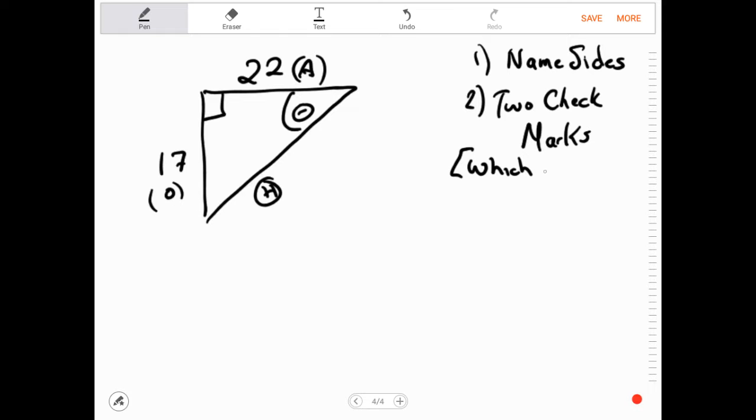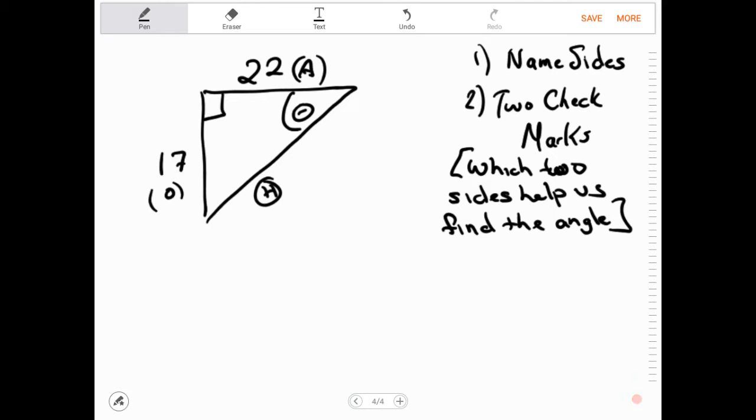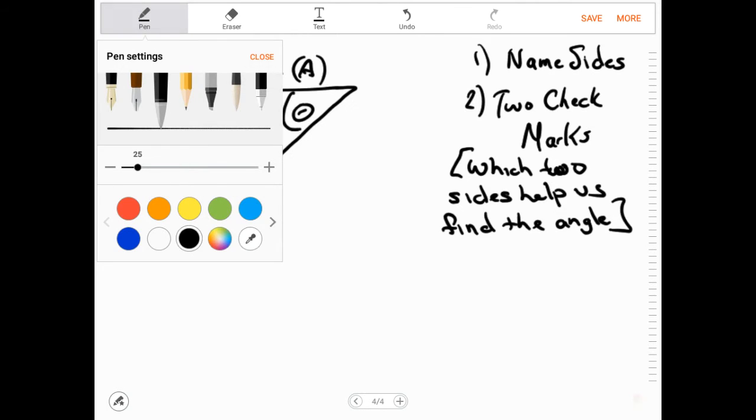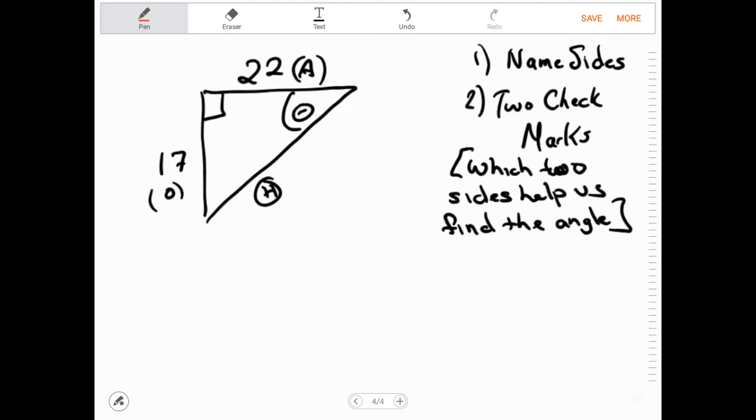Which two sides help us find the angle? Well, which two sides here give you information, everybody? There's only two of them, and it's pretty straightforward. In this case, we have information on the opposite side, and we have information on the adjacent side. So we're going to use both of those to help us find the angle.